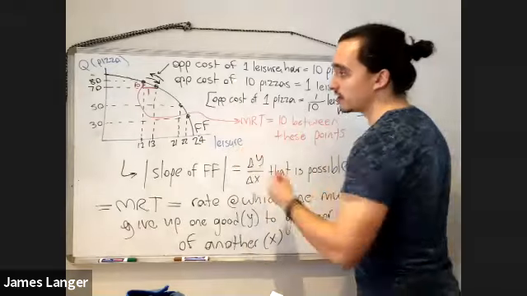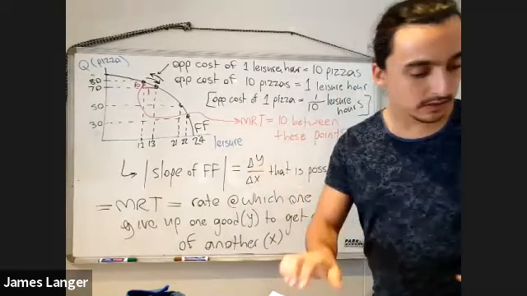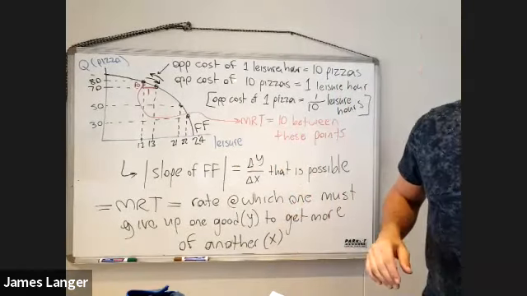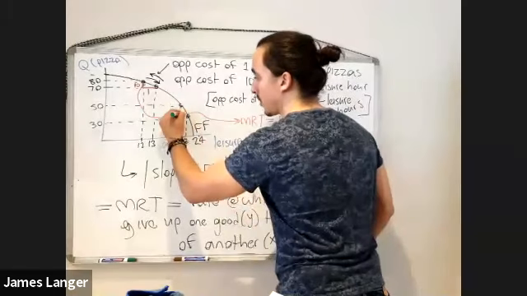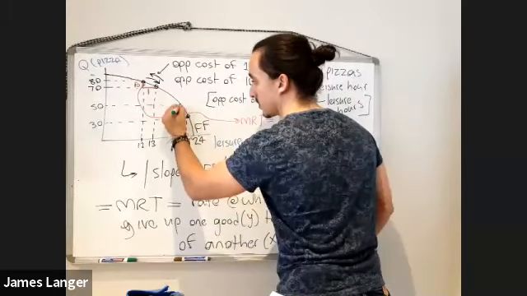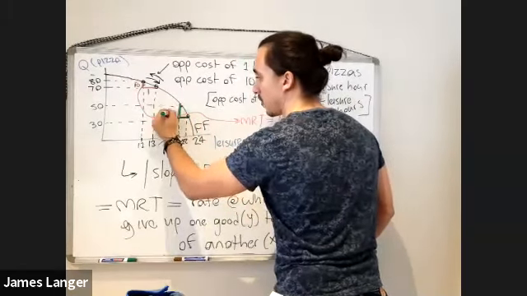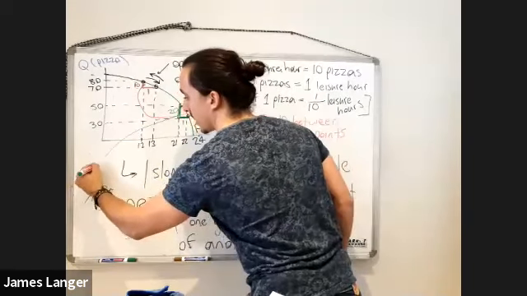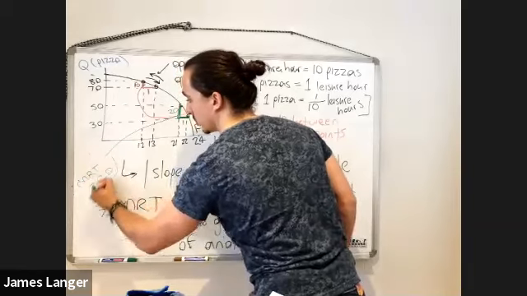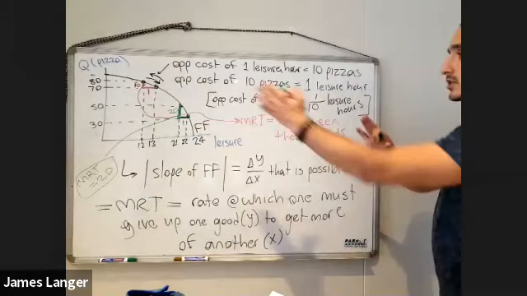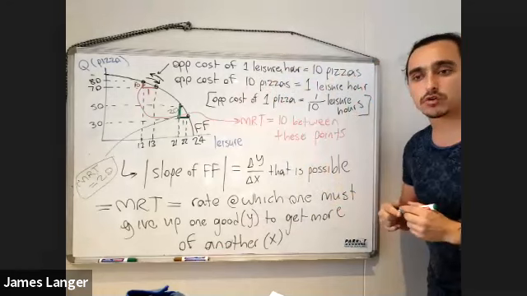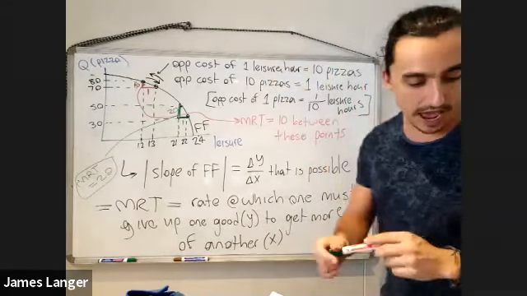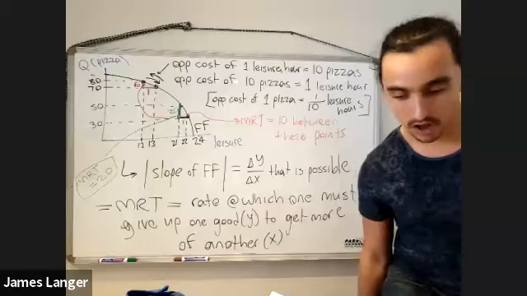Whereas over here, we can see that the MRT is different. Over here, it's 20 over 1. So over here, the MRT would be equal to 20. Okay? So just make sure that you can see that the marginal rate of transformation changes as we move around.